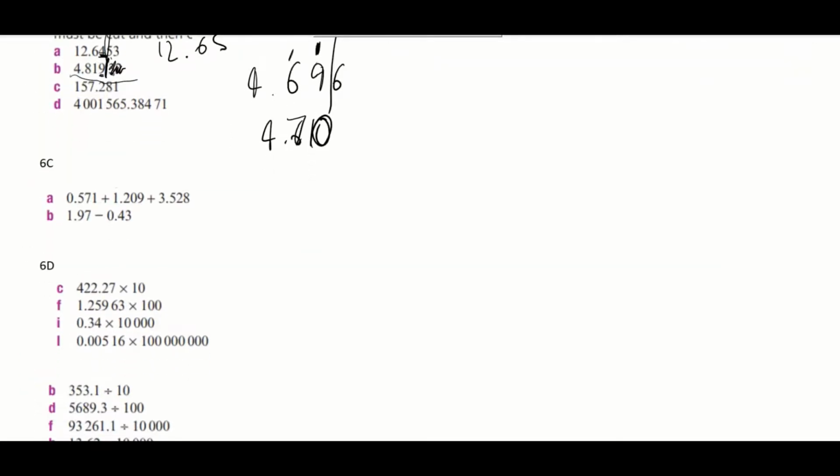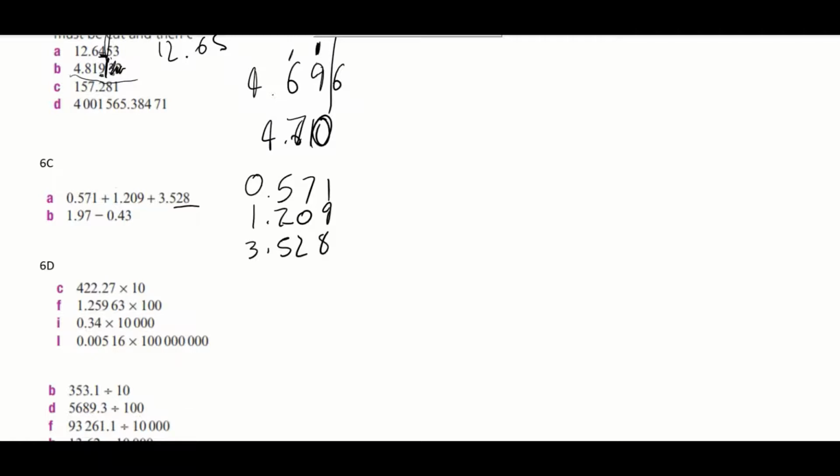Okay, plussing and minusing decimals. That's really no harder than just adding normal numbers effectively. So we look at this question here, you just want to line it all up. Line up the decimal places. So we've got 1.209 and 3.528. Now here's the deal.